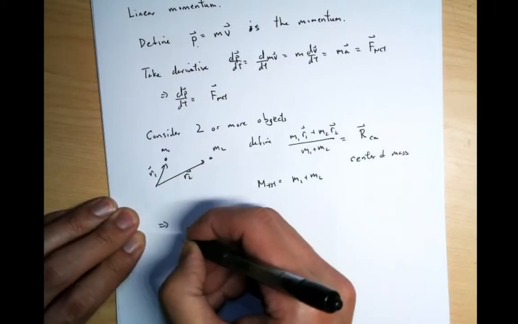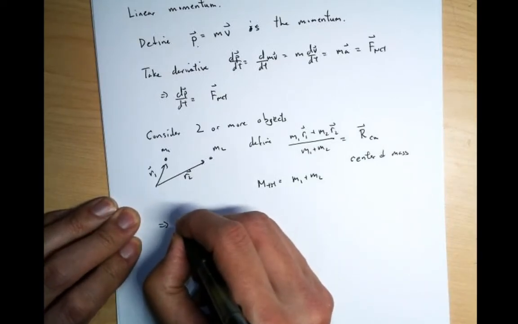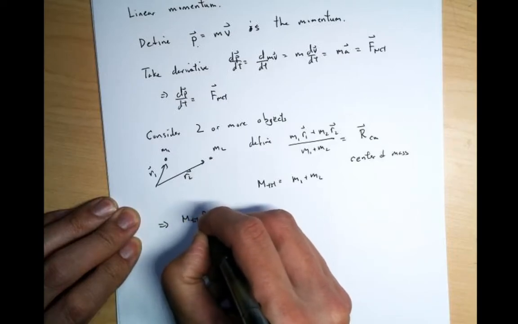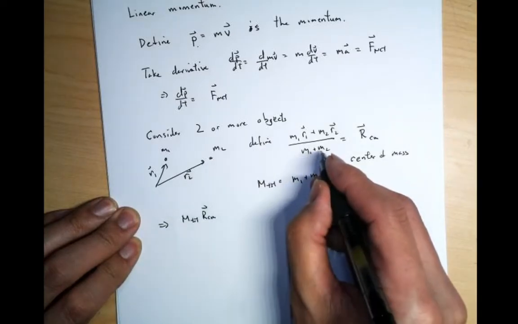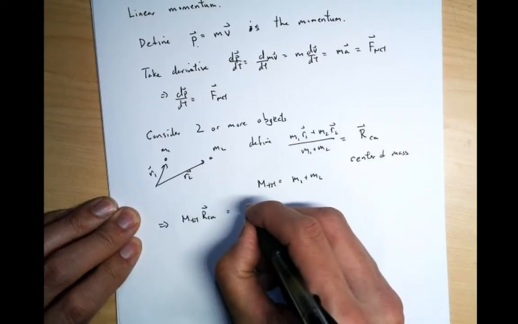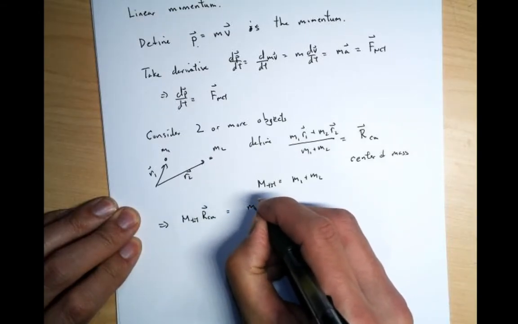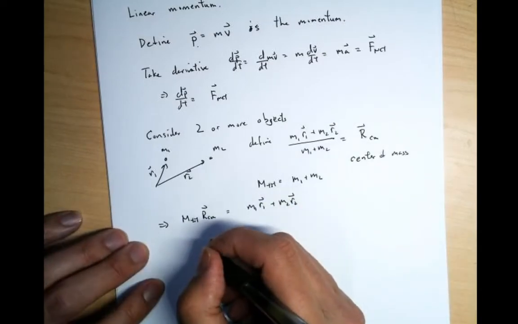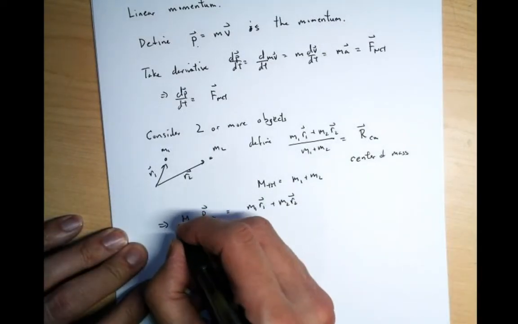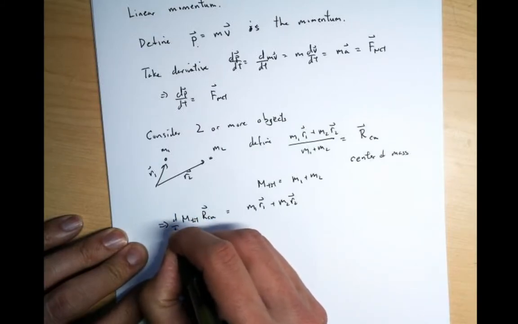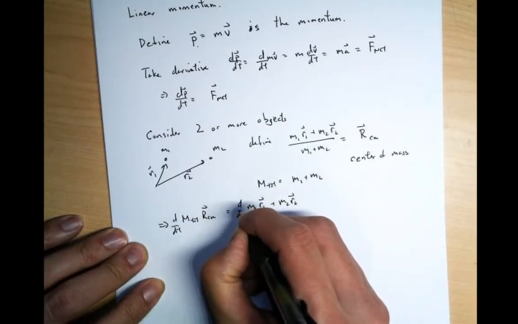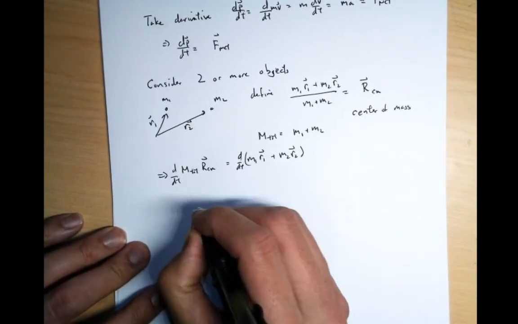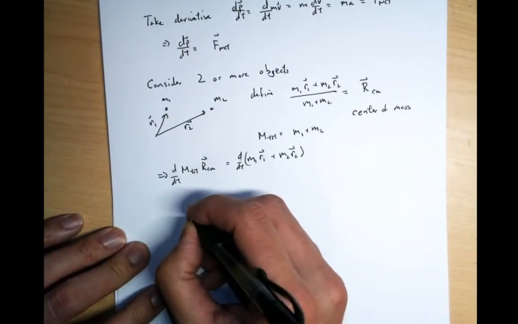Then what I have is that the total mass times R_CM, which just is the total mass on the bottom, that's just M1 R1 vector plus M2 R2 vector. Okay, now we're going to take a time derivative of this entire thing. d/dt, right? And if we do that, we can get something that looks like this.